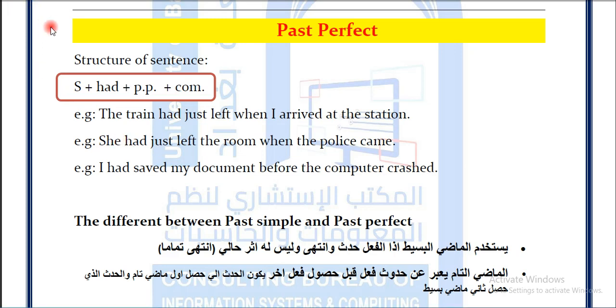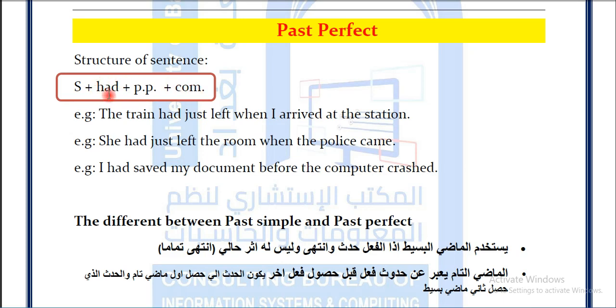Past perfect is a verb tense used to talk about actions that were completed before some point in the past. And also we use it for talking about something that happened before something else. The structure should be: subject, had, plus past participle, plus complete sentence.